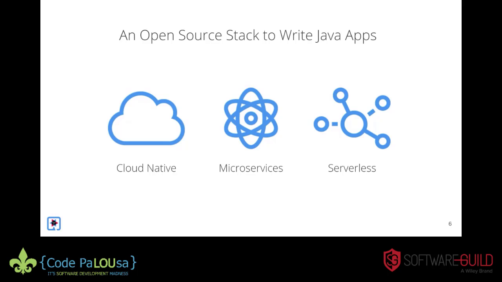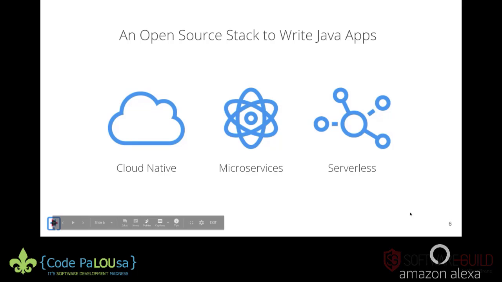And traditionally, Java didn't fit in that space really well. So Quarkus was designed to address those challenges that a lot of organizations are having with running Java applications in a serverless environment. So Quarkus, of course, was designed to address that too.